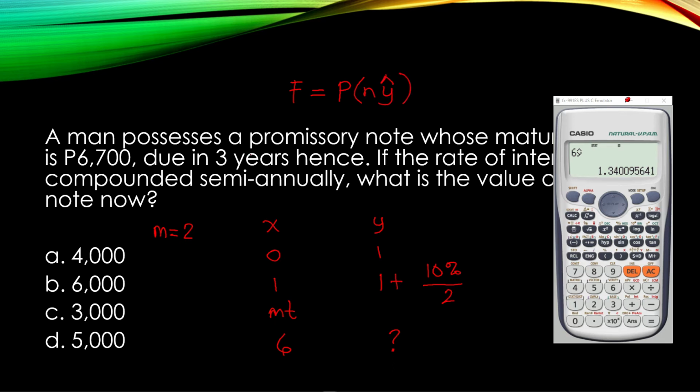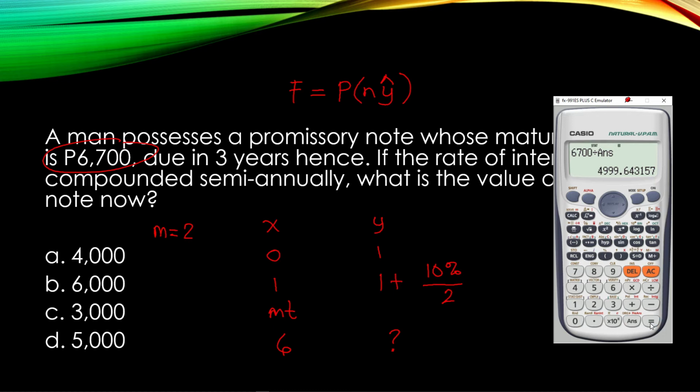So binigay sa atin is the future amount. Binigay sa atin, ito yung F natin. So 6,700. So since this is yung F natin, so hahanapin natin yung P. So kumbaga, ang mangyayari is we have 6,700 divided by yung answer natin na ny hat. So, ito yung ny hat natin ay 1.34. So divided by the answer. And then probably we could just get our P by that.